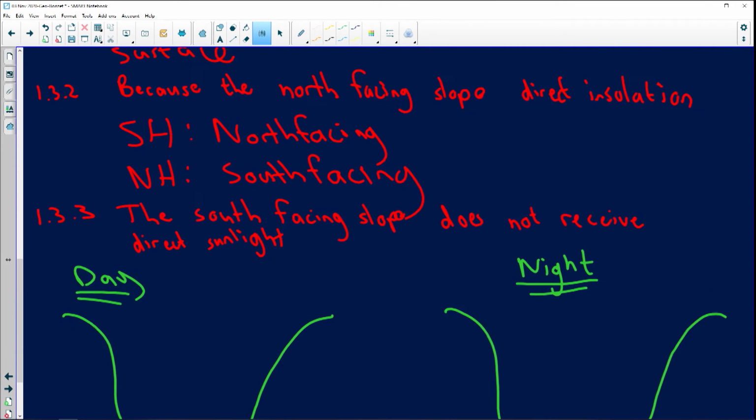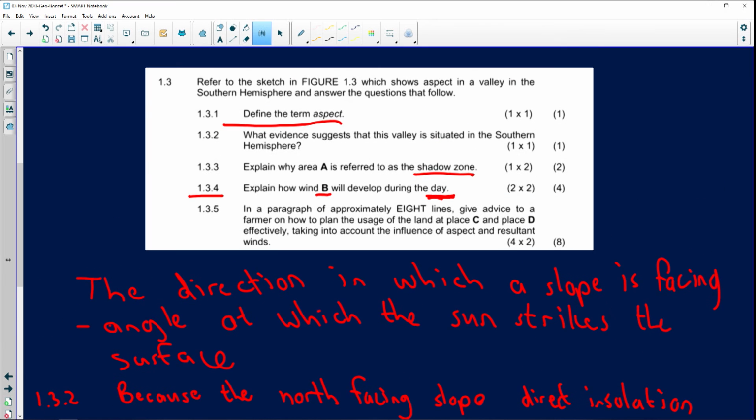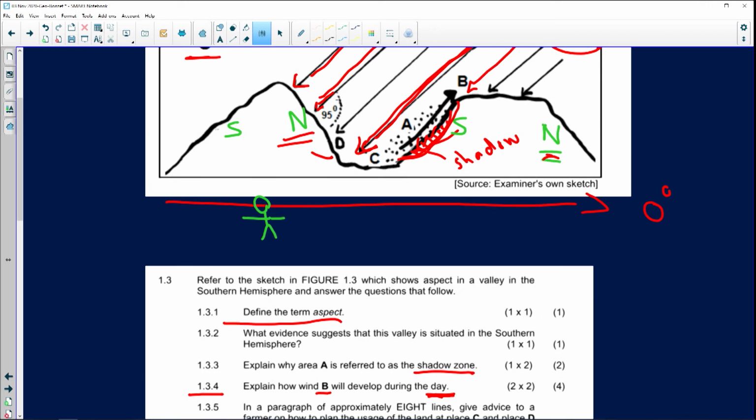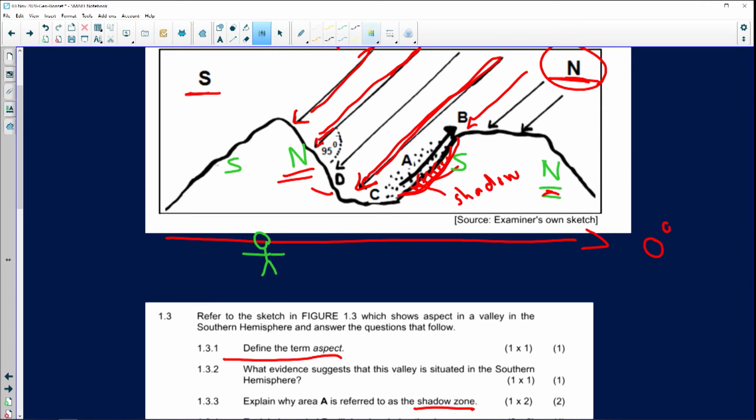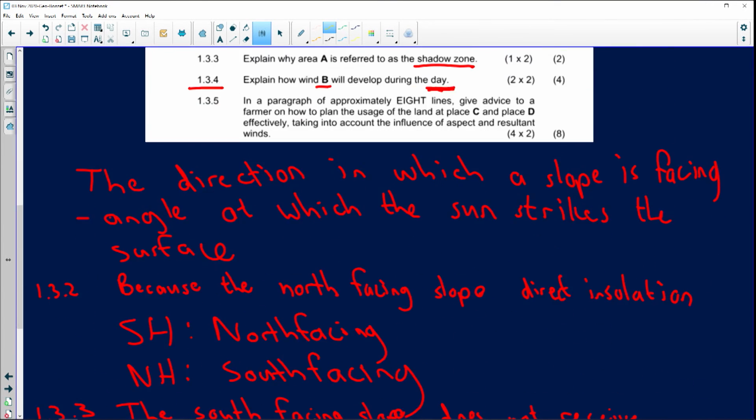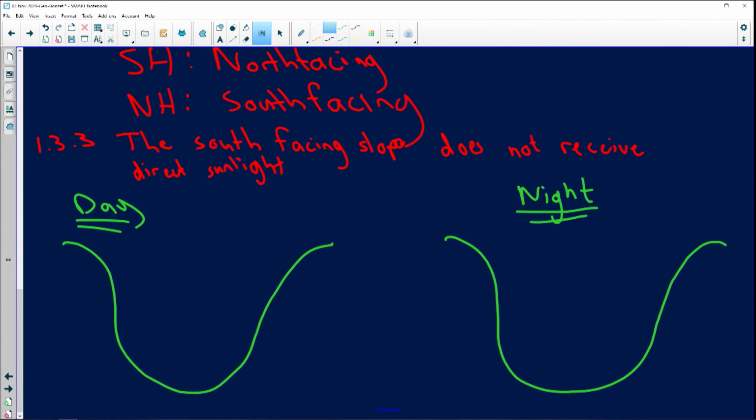Now, the question states, explain how wind B will develop during the day. As you can see, the wind is shown by the arrow. It's an upslope wind. These upslope breezes that we experience are known as anabatic.